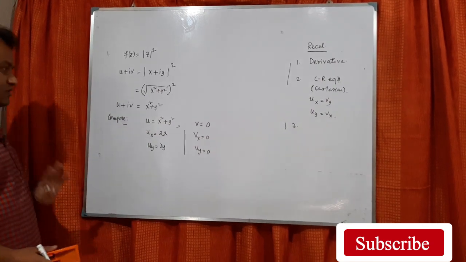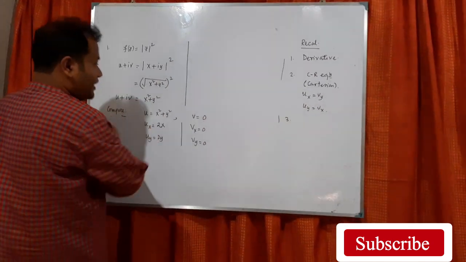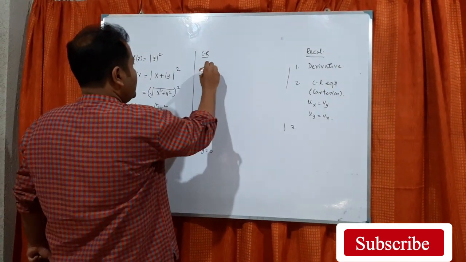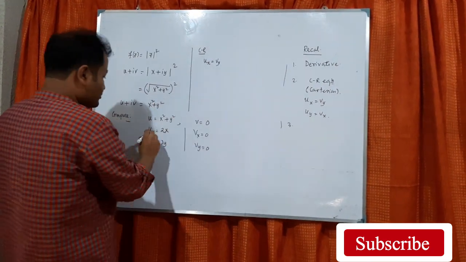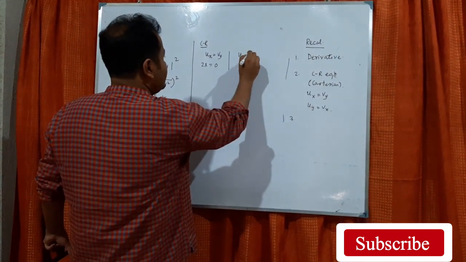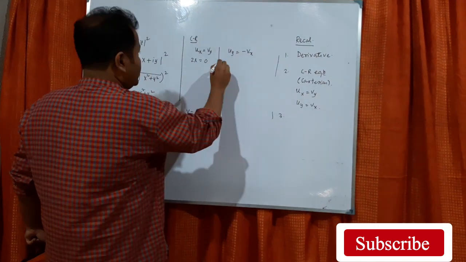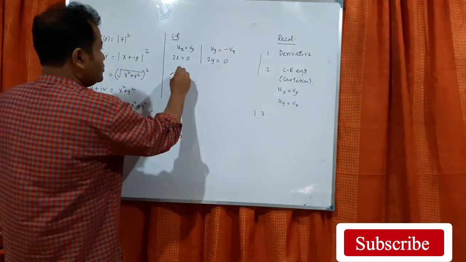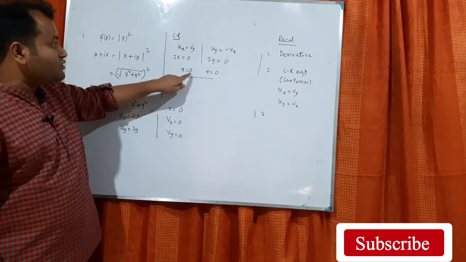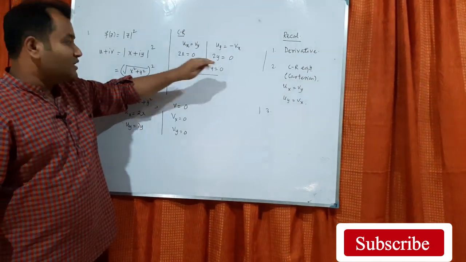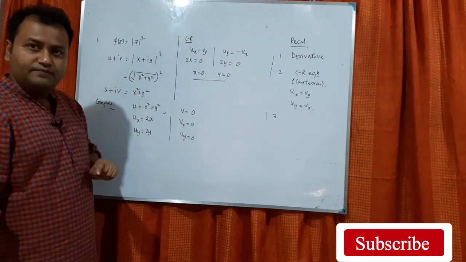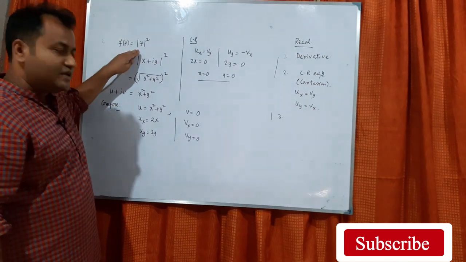Now for the CR equation, ux equals vy gives 2x equals 0, and uy equals minus vx gives 2y equals 0, so x equals 0, y equals 0. That means only when x equals 0 and y equals 0 does this function satisfy the CR equation.